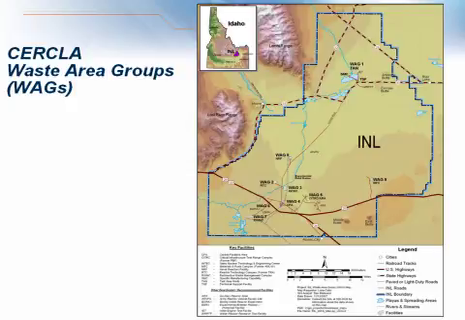Here's the waste area groups. The pointer here. Up here in the north is called the Test Area North. That's, I can't read it, WAG 1. And then we have the NRF is here. Our advanced test reactor that's currently operating is over here. INTEC is over here.